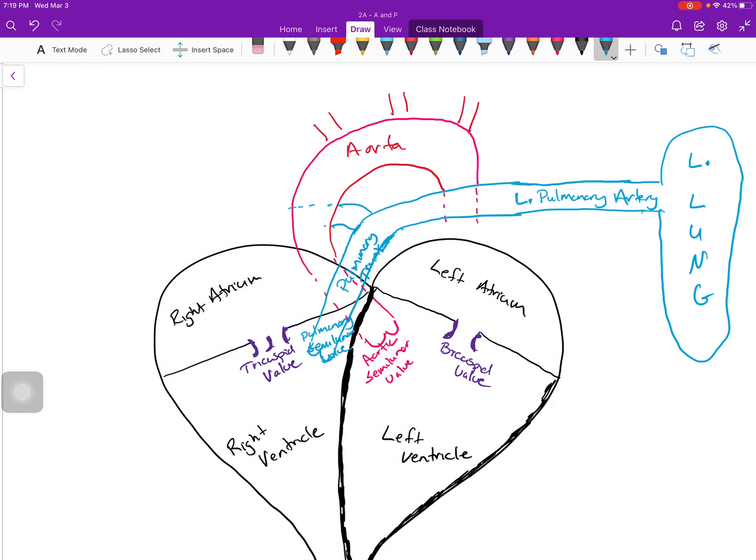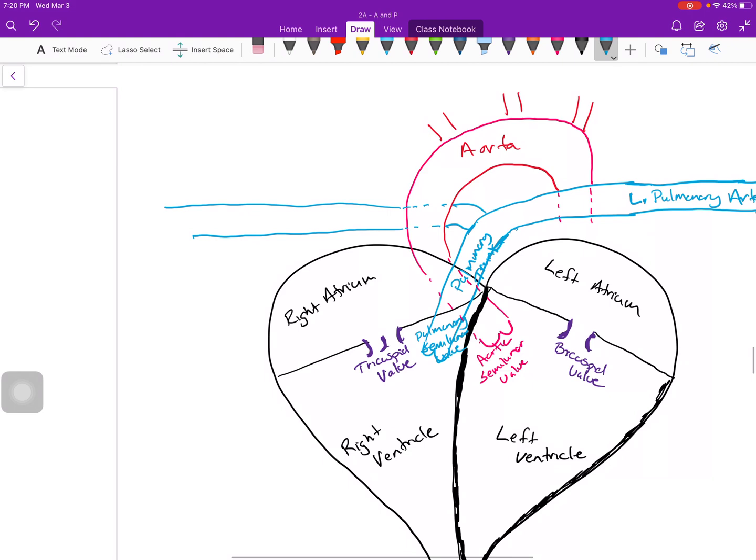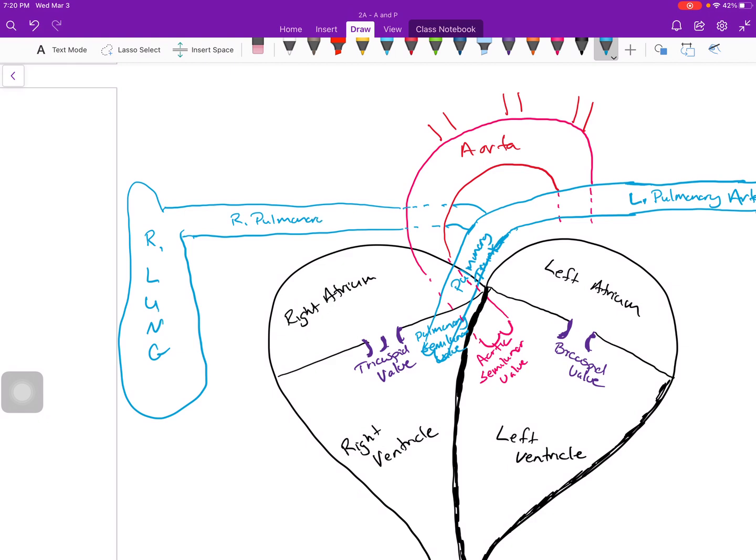So we're just going to make our little dot here, and then we'll extend that on out this way until I make a right lung. Okay, and that's my right lung. It's not really as even, but there's my right lung. So that makes this the right pulmonary artery.